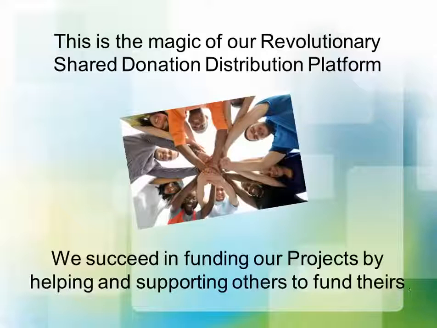On all other crowdfunding platforms, all the major ones out there, you're really competing with all the other projects, and you have to go get all the donations one by one for your project by yourself. On our platform, we're not so much looking for donations to our project as much as looking for other people who would like to get funded for projects they have. And by helping them get funded because of our donation distribution formula, our project gets funded of its own accord.